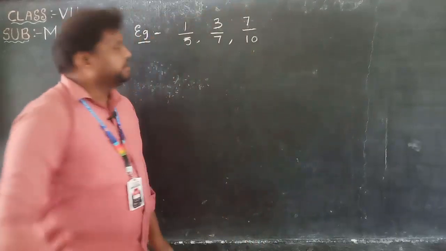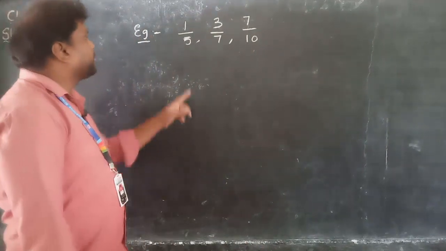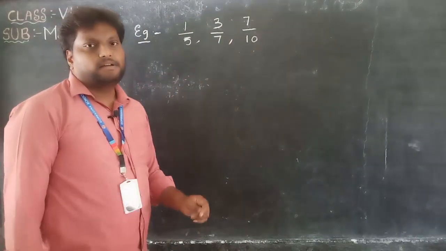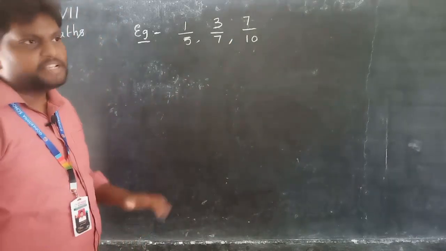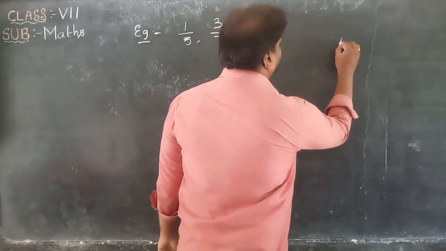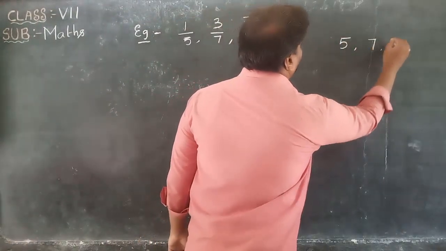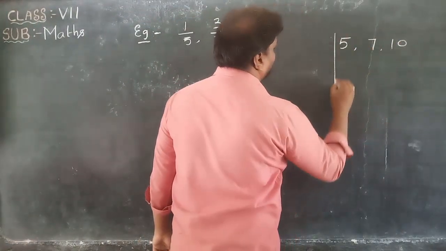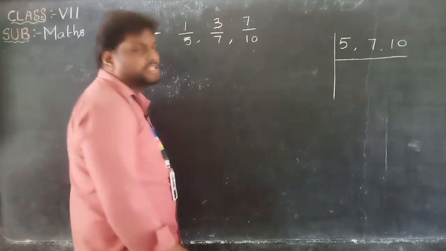See here, in the given problem the denominators are 5, 7, 10. The three denominators are different, which means these are unlike fractions. First of all, take the LCM of 5, 7 and 10.